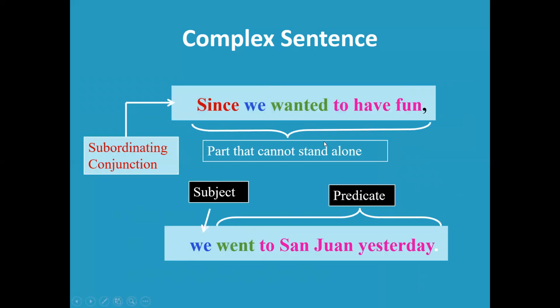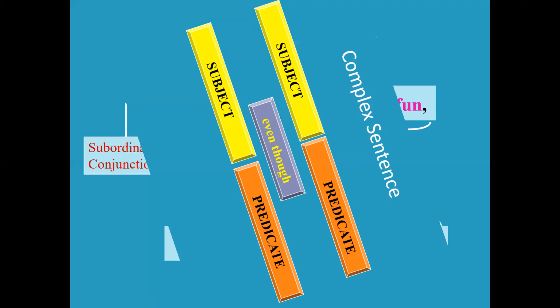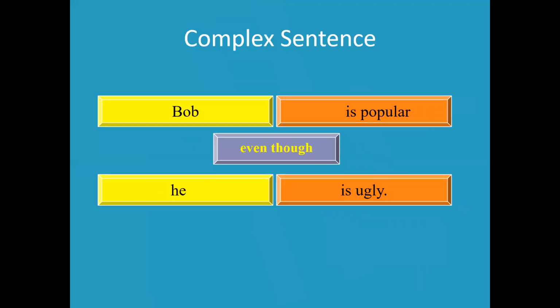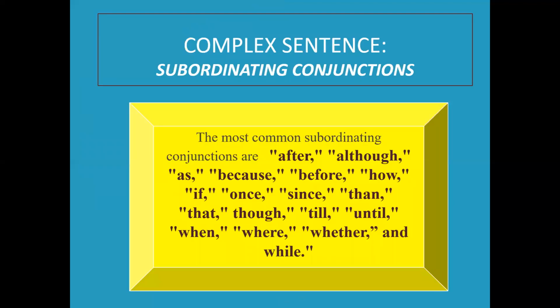So in this sentence also, we have the subordinating conjunction "since," and in the second part we have a subject and predicate. Okay. So with the use of various types of subordinating conjunctions, we can create a complex sentence.